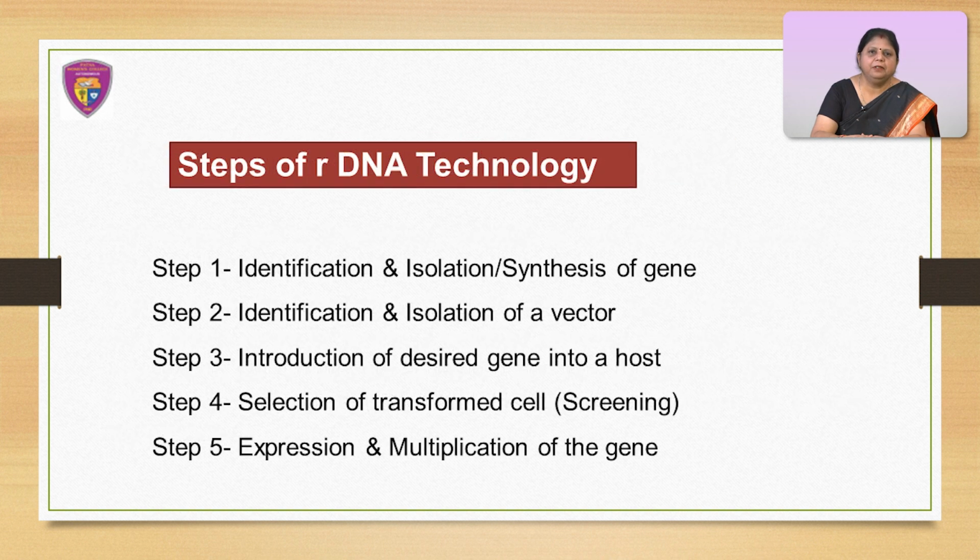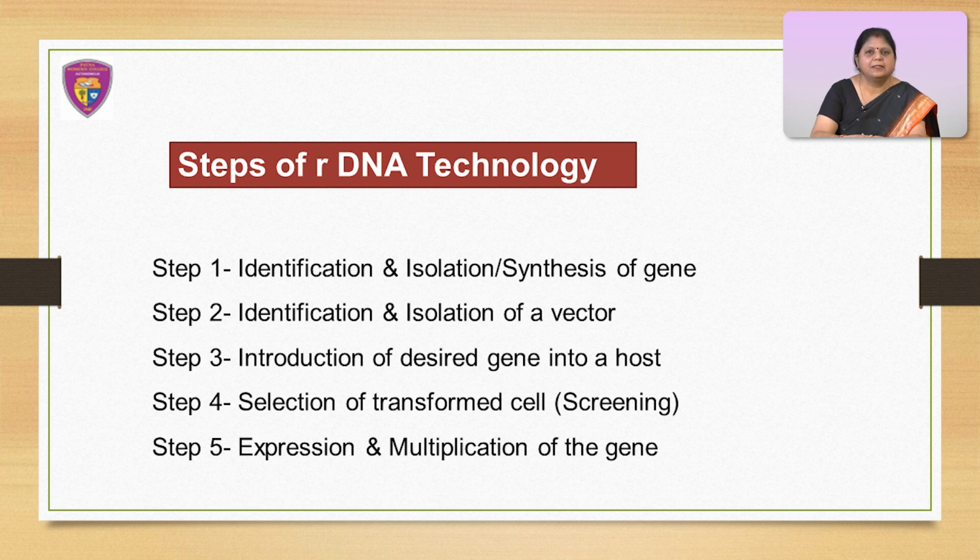Now let us talk about the protocol or the steps of recombinant DNA technology. First step, identification and isolation of gene of interest. Second step is identification and isolation of a suitable vector. Third step, introduction of desired gene into a suitable host, also known as transformation.